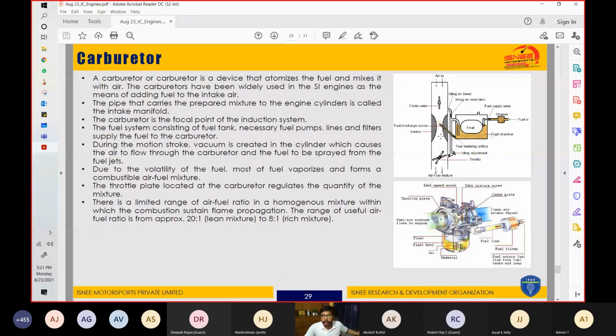Now, this is what we are talking about. Air comes in from here, and this is the base. This is the actual carburetor that I'm showing you. This is the airflow that comes inside, and this part is connected to the engine.